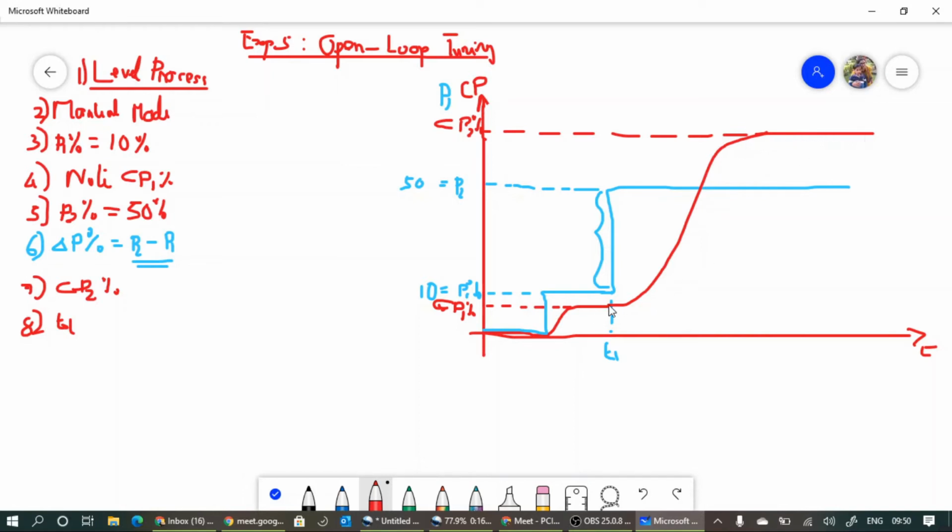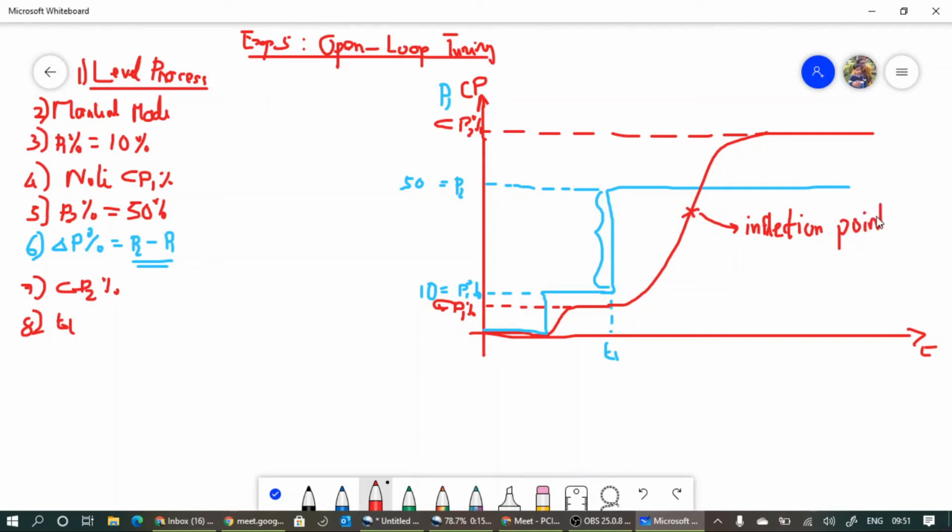So slowly the slope is increasing, at a particular point the slope is maximum, and after that point the slope decreases. Somewhere here the slope is maximum. The point at which the slope is maximum is known as the inflection point.